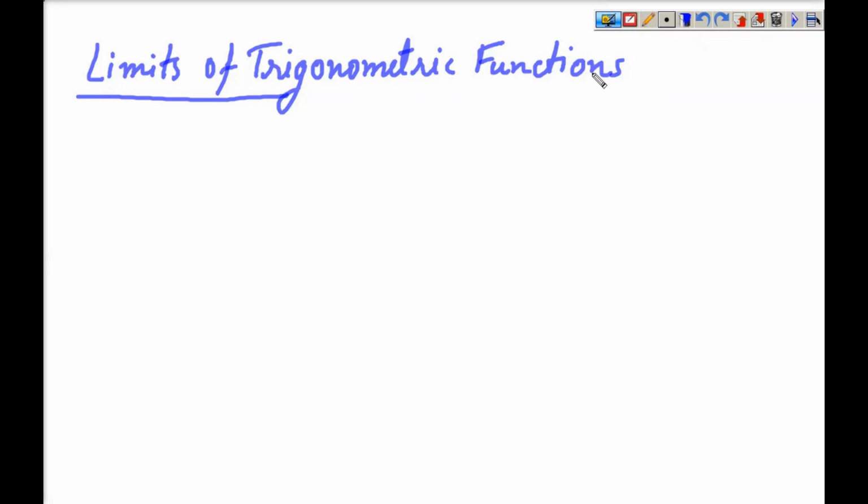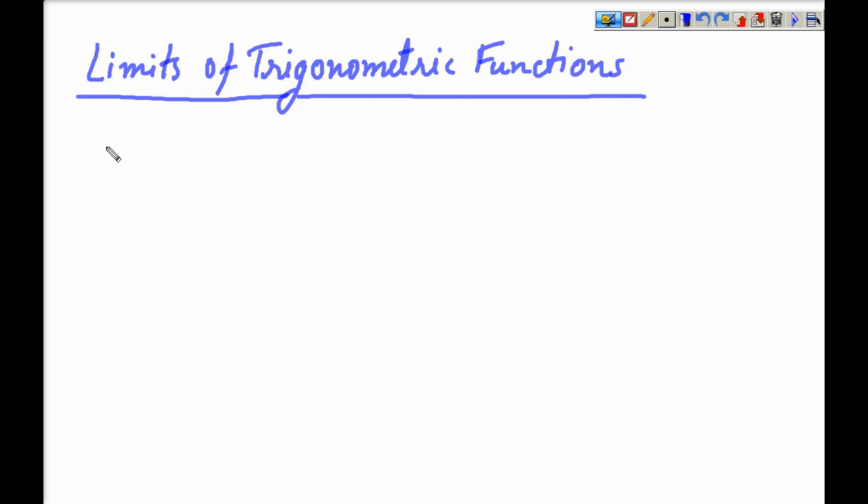So in the last video we proved some theorems. So in today's video we are going to do the same. We're going to prove an important theorem used in limits and trigonometry as well.